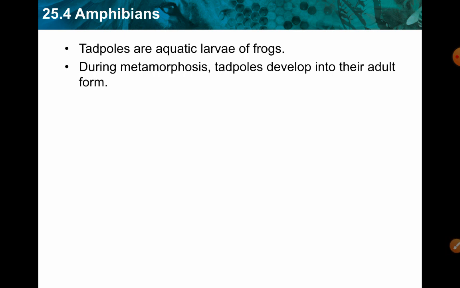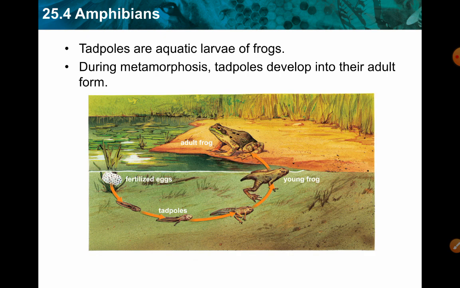The next part, before we start, gives you some notes that there's something called tadpoles. Tadpoles are considered to be the aquatic larvae of frogs. In a part of their life cycle, after hatching from their eggs, tadpoles are formed, which are the aquatic larvae of frogs.